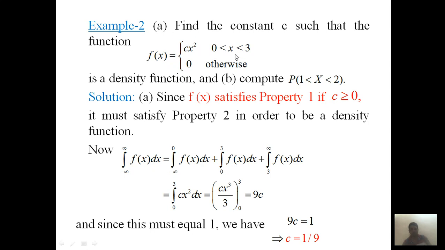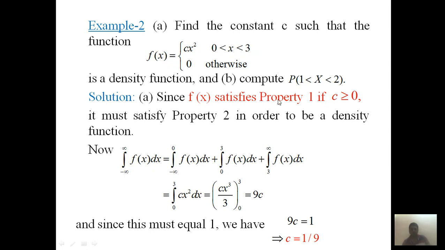Here we cannot check whether it is a density function, because it is already given as a density function, and we have to find the value of c. Second, we have to compute the probability of x when x lies between 1 to 2. So let's start the solution.